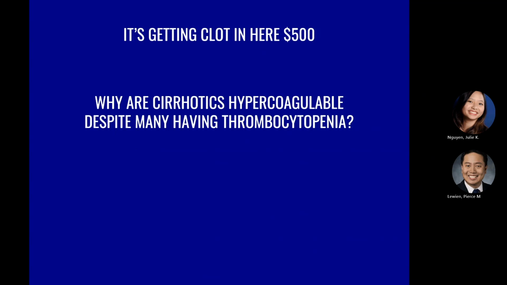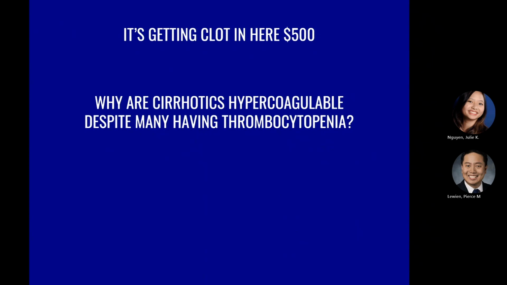How about 6? Where's 6? Yeah, 6. So I think cirrhotics are hypocoagulable because their liver is not producing protein C and S that allow them to break down the clots.